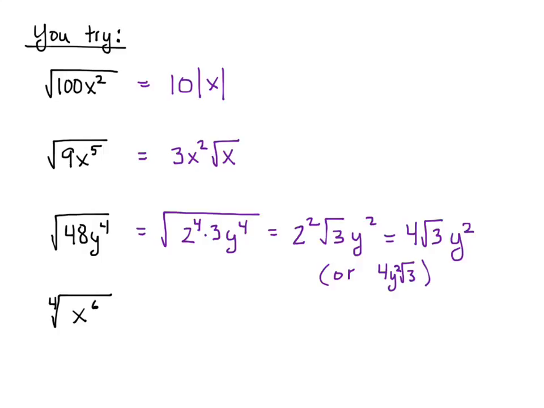Now, look at that order. I got 4 radical 3 times y squared, or you could say, like Sam said, 4y squared radical 3. I'm not too fussy about that. If you were to read very carefully the fine print in the textbook, it talks about the normal order as being your coefficient and then your variables.